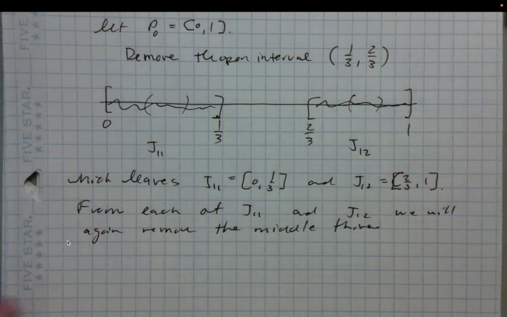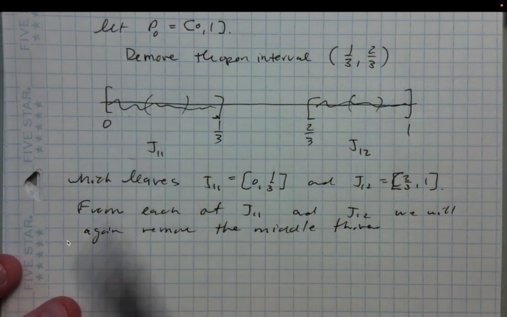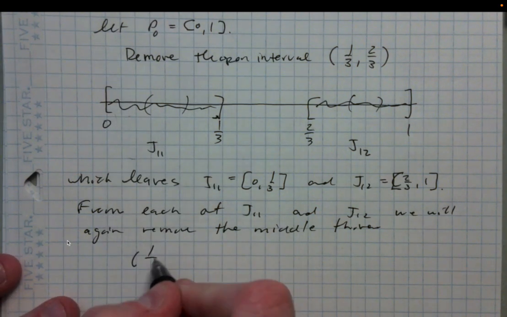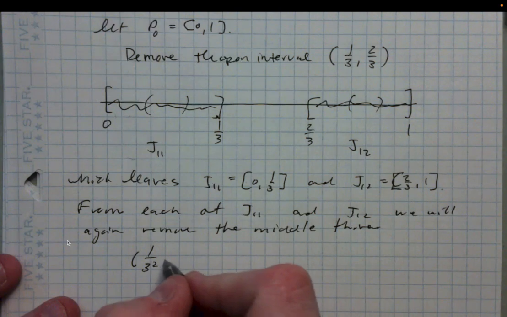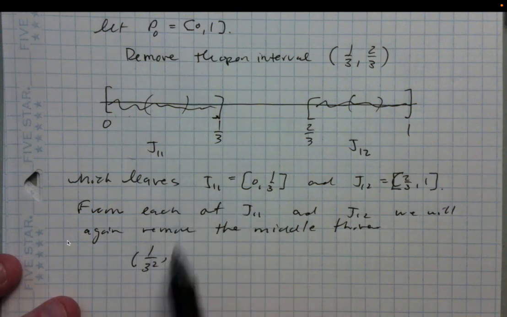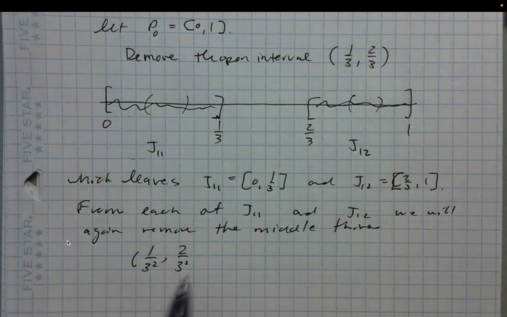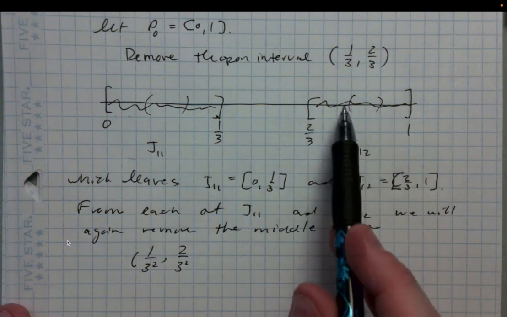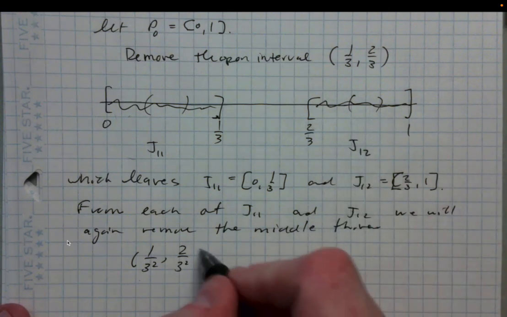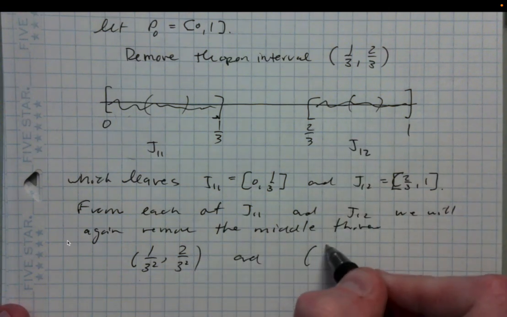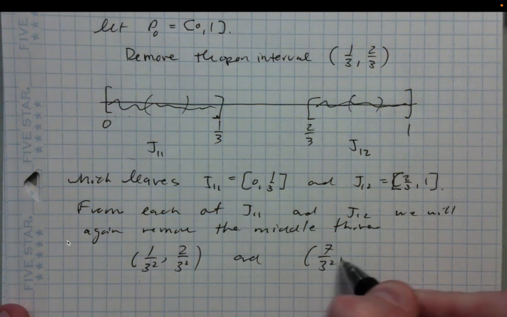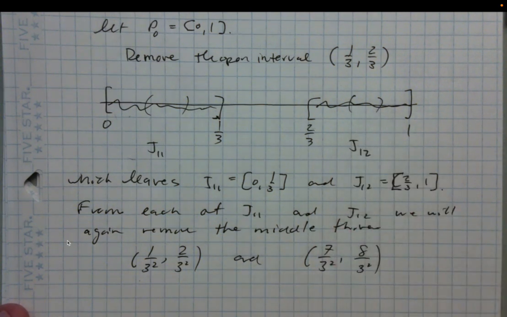When we remove the middle third of the first piece, what we need to remove is 1/3 squared up to 2/3 squared, so 1/9 up to 2/9. That's technically the middle third here. And on this side, it's actually 7/3 squared up to 8/3 squared. That would be this middle section.